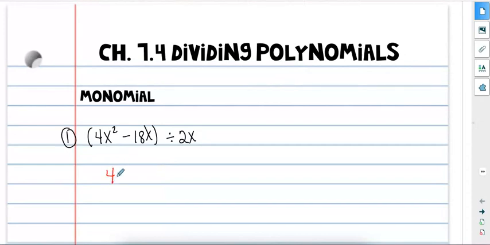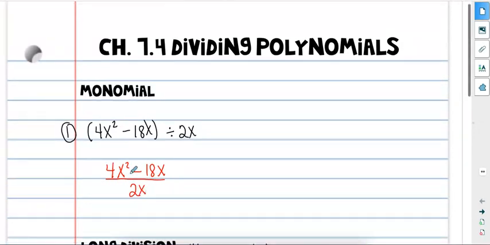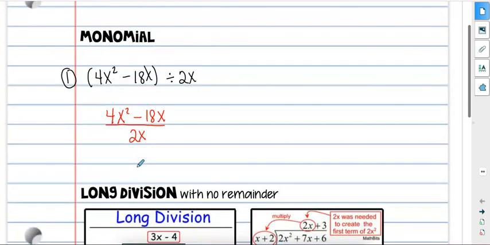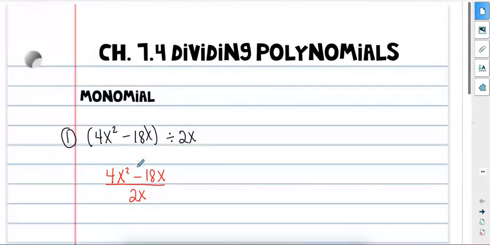So I have 4x squared minus 18x over 2x. So what we want to do here is we are going to divide each term with 2x.